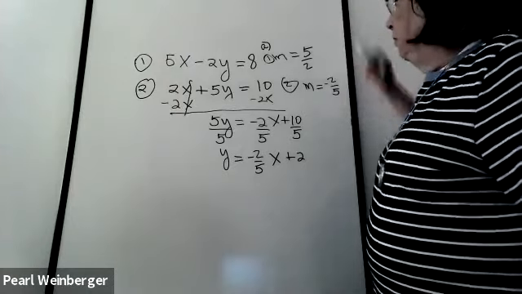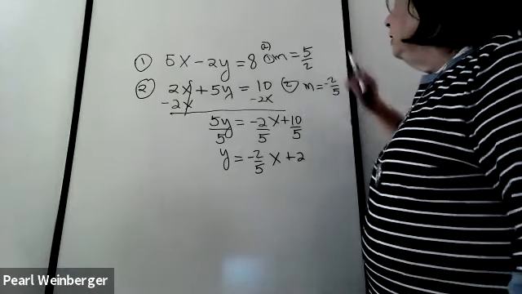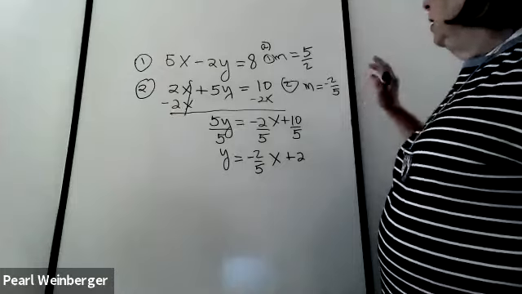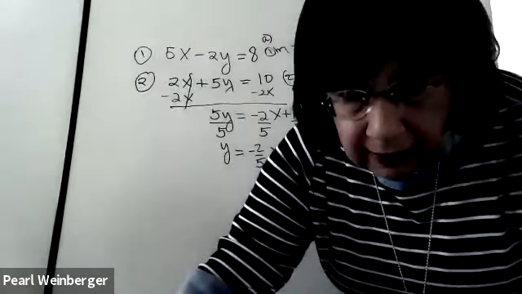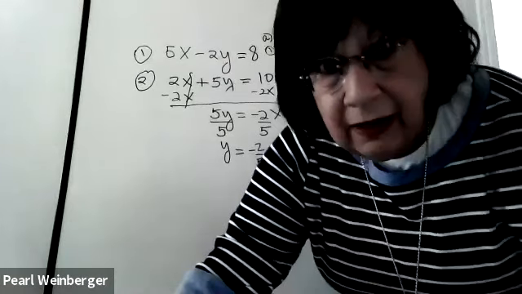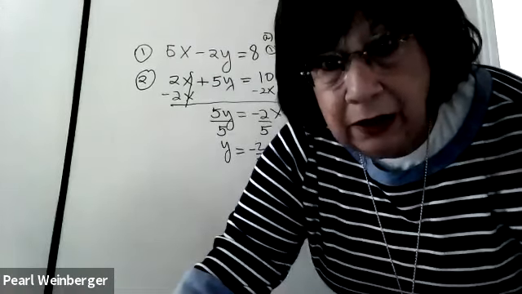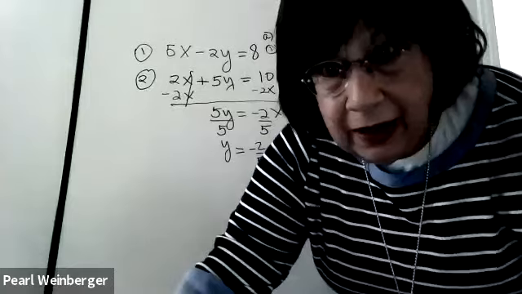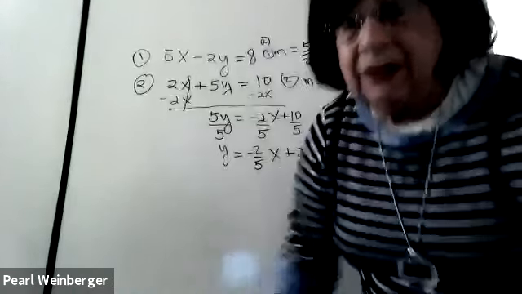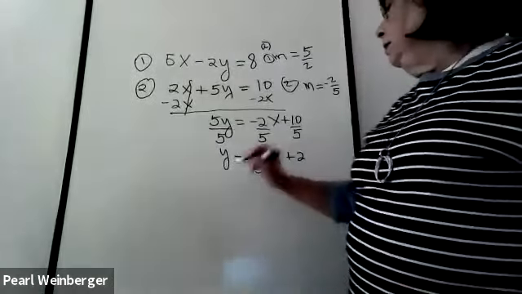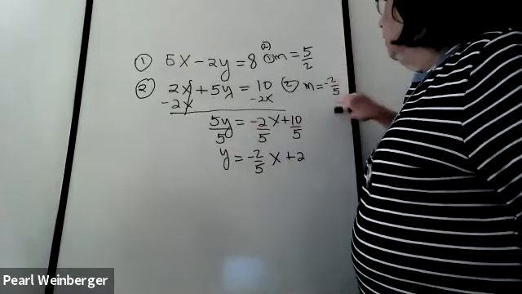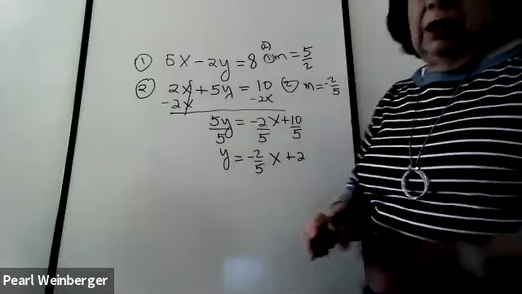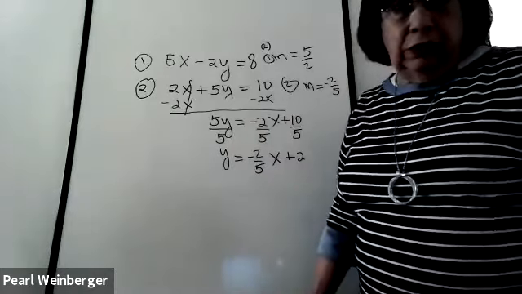It's the fraction flipped over, and it's the opposite sign. Wendy told everybody, yes, these lines are perpendicular because their slopes are opposite reciprocals. Is there any question about how to do something of this nature?